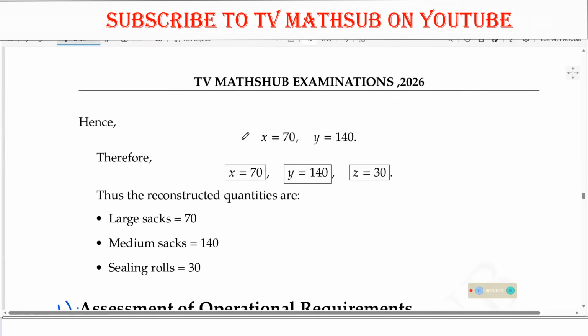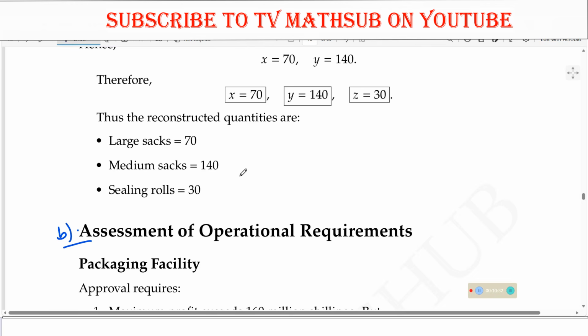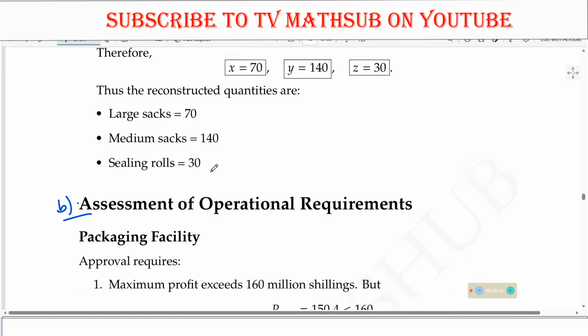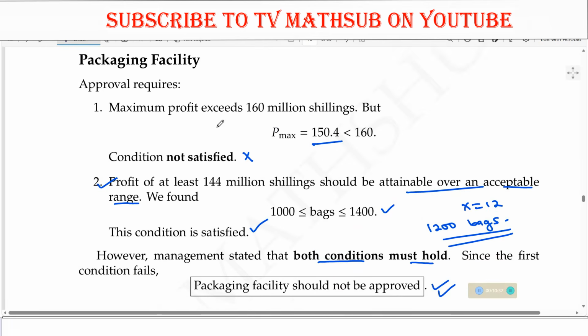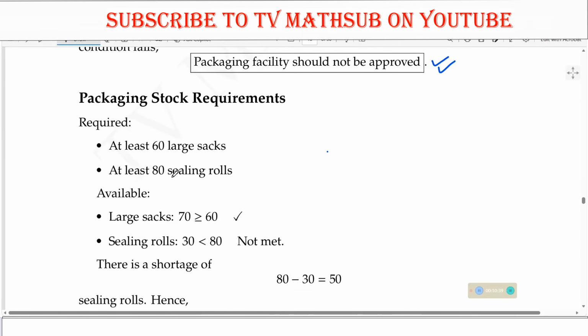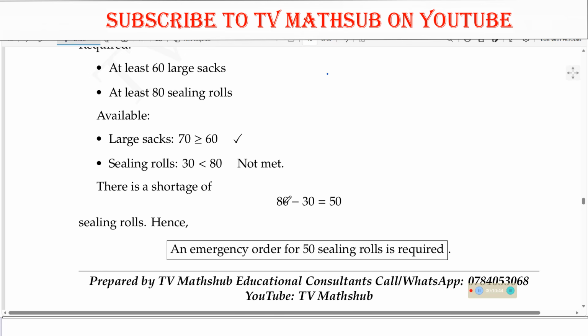Then the next one, medium sacks, that is not actually talked about. Then ceiling rolls, we got 30, but how many do we need? At least 80. So you can see this condition will not be met. So there will be a shortage of about 50 ceiling rolls. So an emergency order for 50 ceiling rolls is required to hit at least 80, because the ceiling rolls should be more than or equal to 80, but we only have 30.